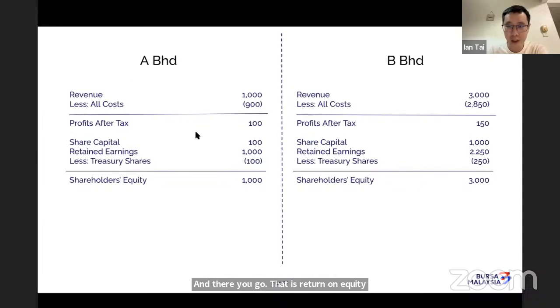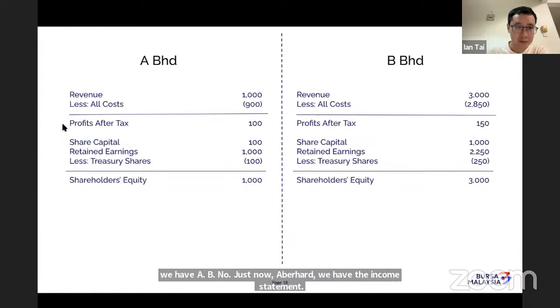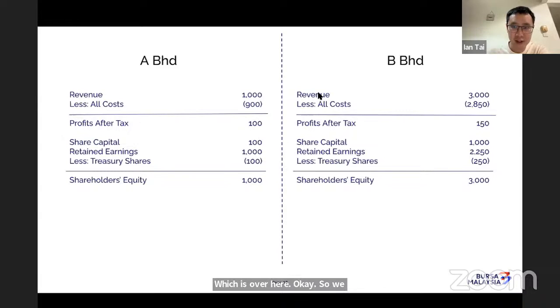Now, how do we calculate return on equity? Very simple. We're going to do the A/B testing again. So we have A Berhad and B Berhad. Just now, for A Berhad, we had the income statement, which is over here, with revenue and profit after tax. All this is from the income statement.